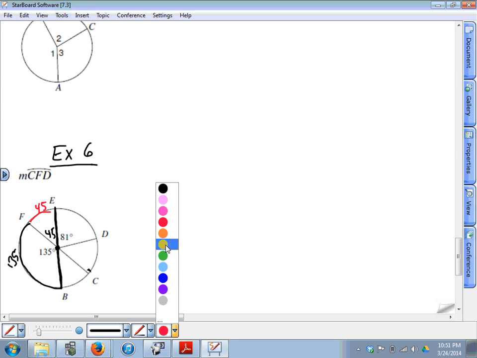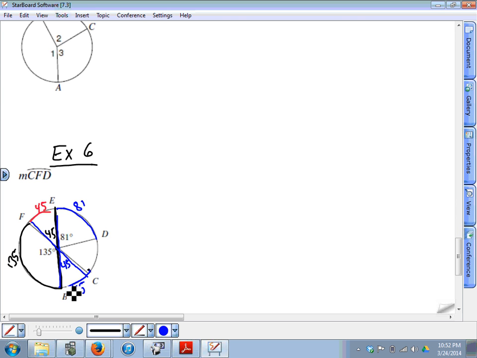That means that this arc from here to here is 81. Now here's something interesting. These two angles right here, because they're formed from two intersecting lines like this, they're vertical angles, so that's 45 degrees, which means that's an arc of 45 degrees.